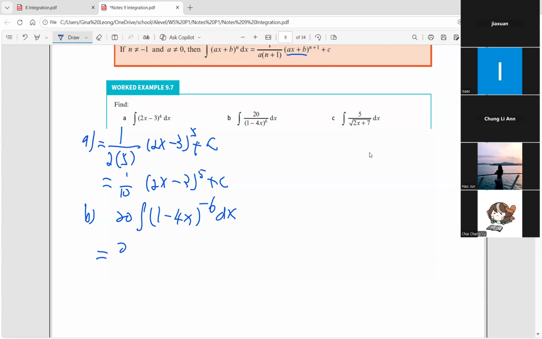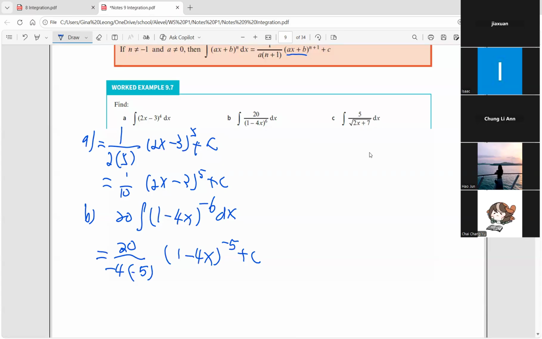The 20 is the constant, I don't care, I just put it on top here. This one I can get -4, this one I can get -5. Then I copy the same thing again.